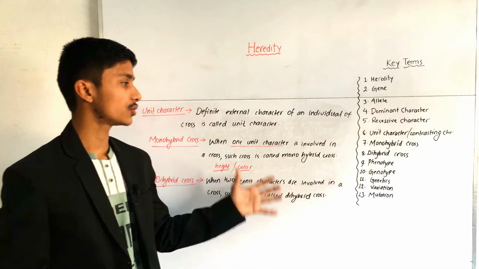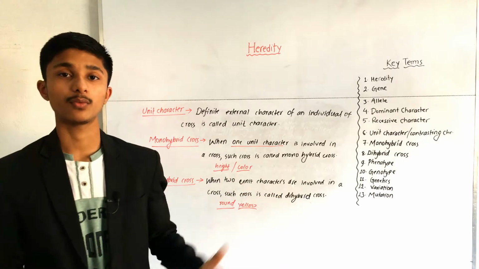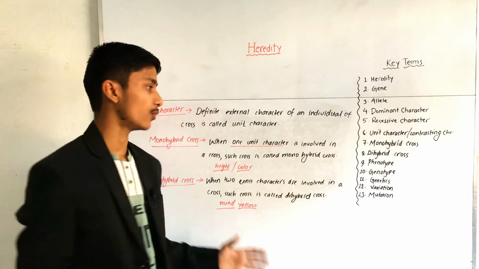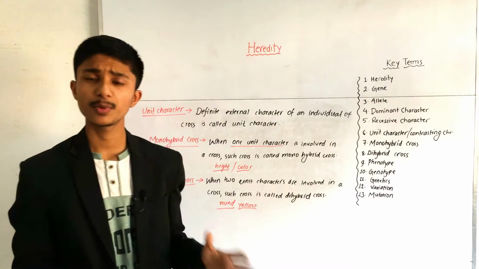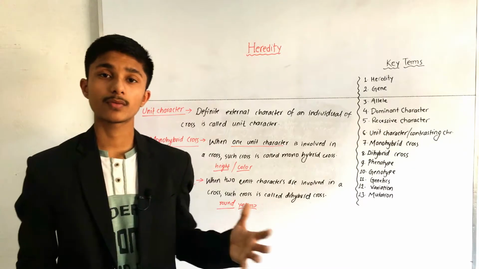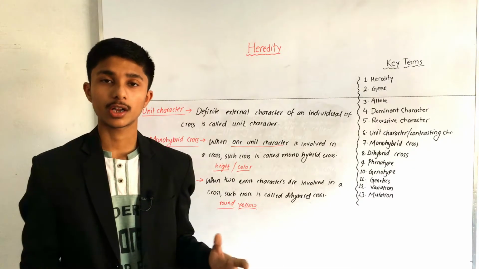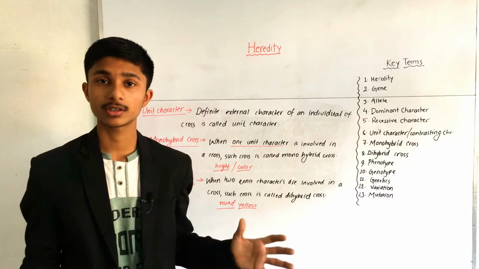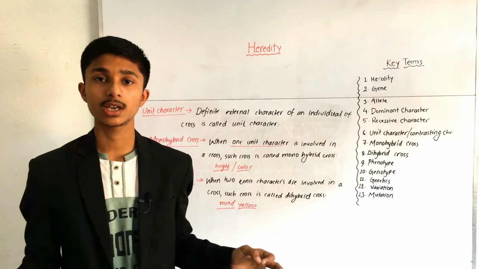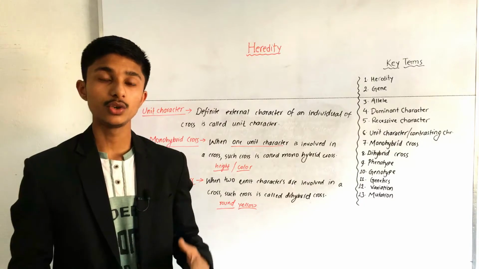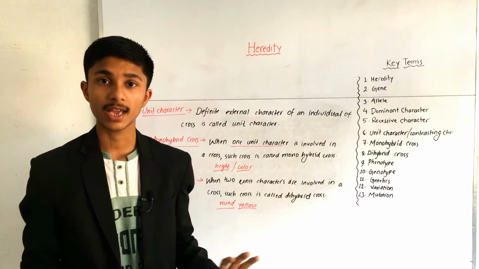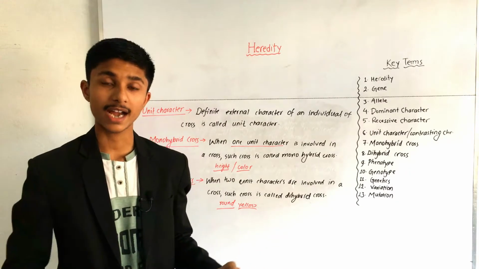Now we go to the next topic, that is phenotype. What is phenotype and what is genotype? Phenotype is the external morphological appearance of an organism. It means the physical appearance, such as you can see my height, the height is visible.